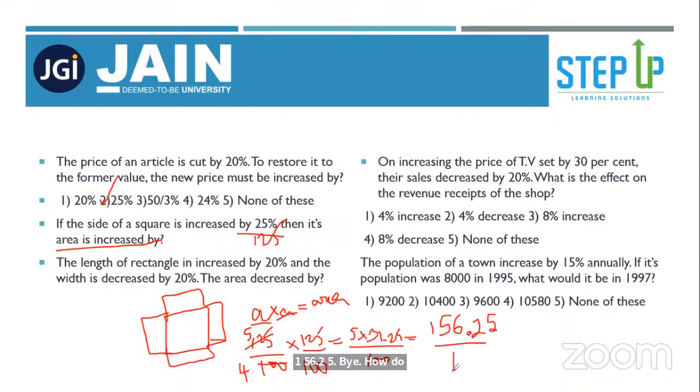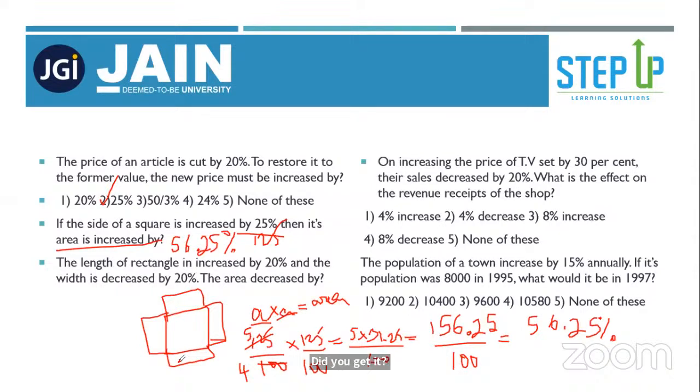How much it is more? 56 it is more. So 56.25 it is more. Okay, so it has been increased with 56.25%. Did you get it?